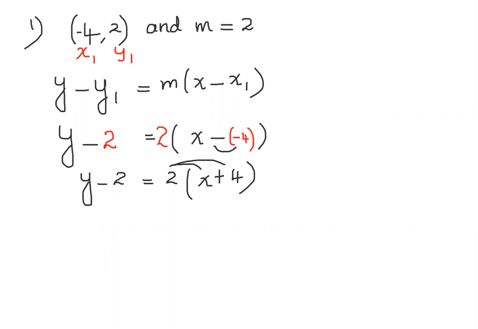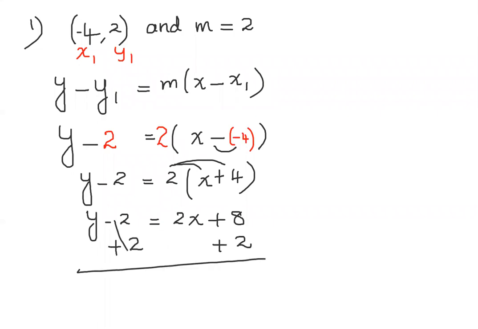We get y minus 2 equals 2x plus 8. Then get the y by itself. We move the 2 to the other side, so add 2. We get y equals 2x plus 10. This is the final equation.